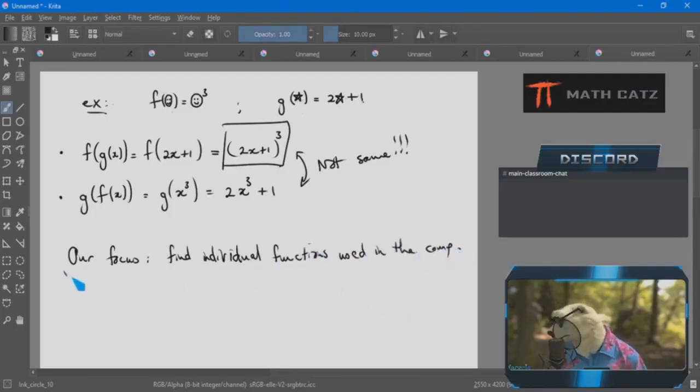So I'm given the final answer. Some functions were composed to give me this. What were the original functions? That is our question, and I want to make it very clear what our question is.